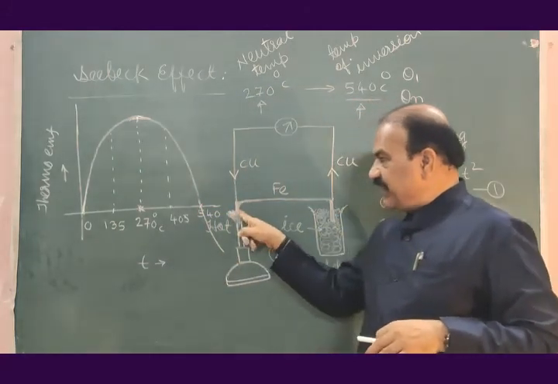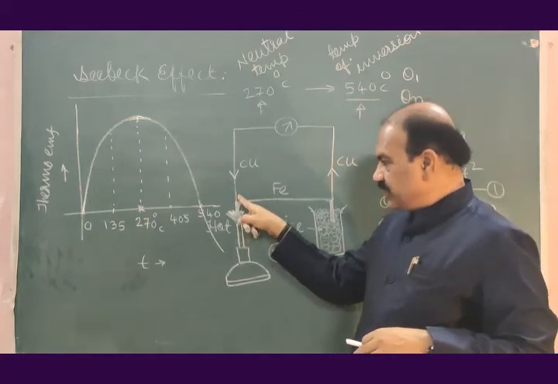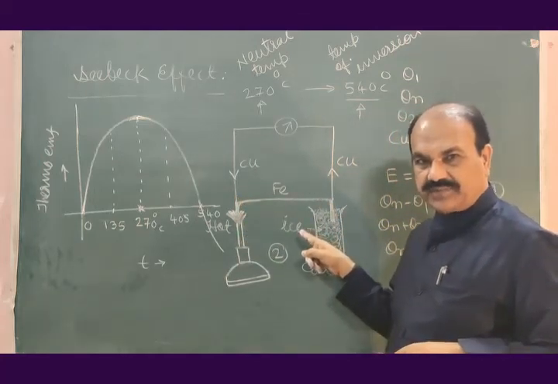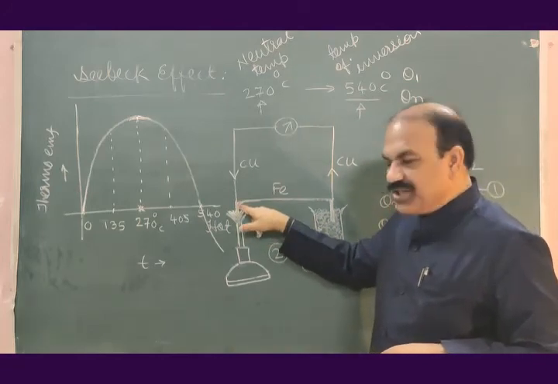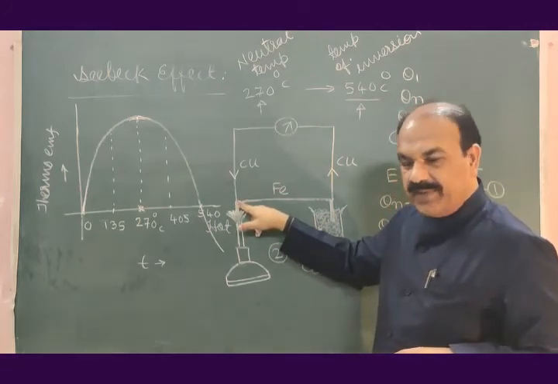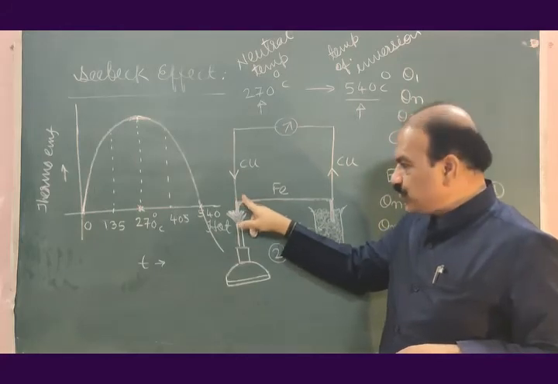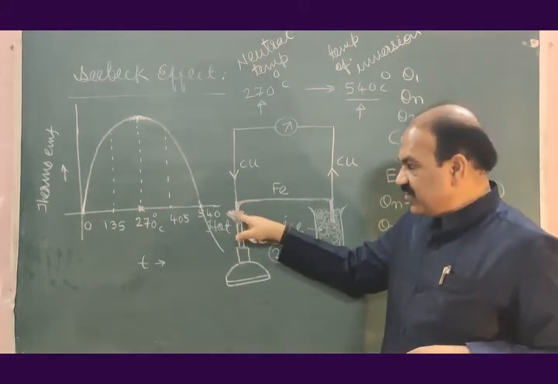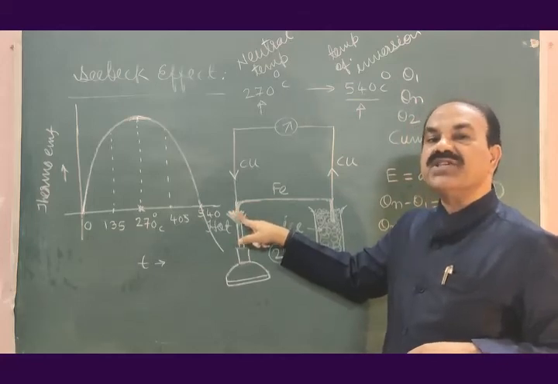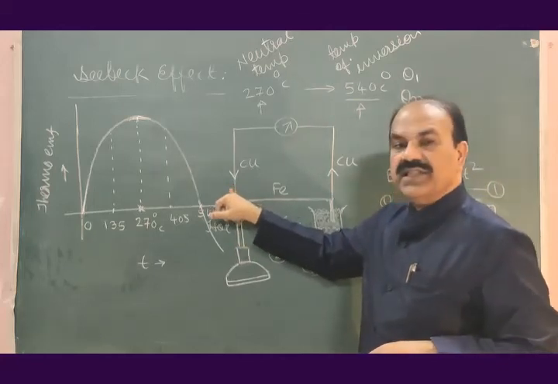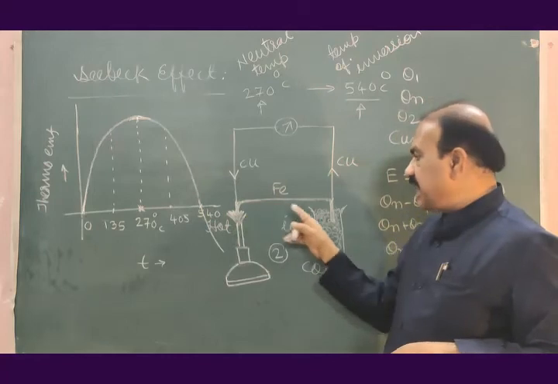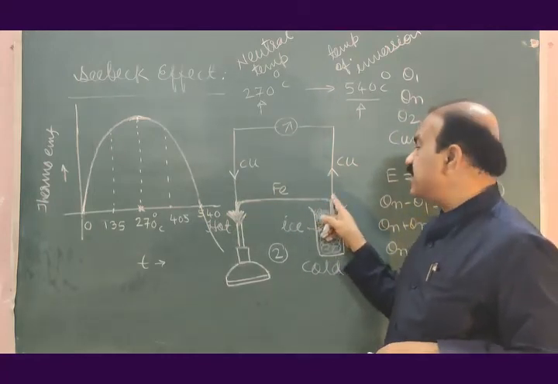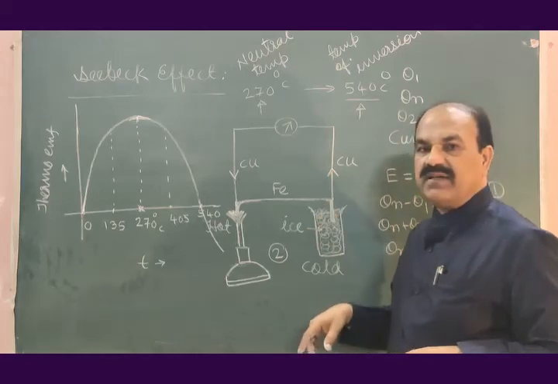When we join these metals at one junction and at a second junction, there is a potential difference between these two wires, between this metal and this metal. At this junction, there is a potential difference between this metal and this metal. At this junction also, there is a potential difference between this metal and this metal.